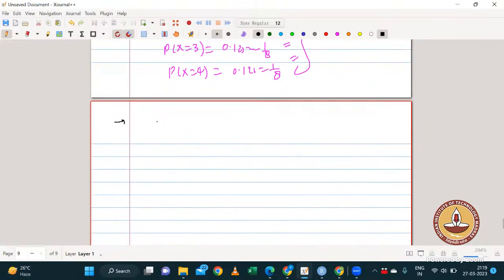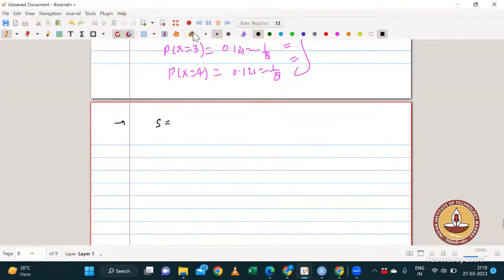Suppose there is one series, after putting the values you are getting 1 plus r plus r square plus r cube and so on. Here r is less than 1. The sum of this series is 1 upon 1 minus r.